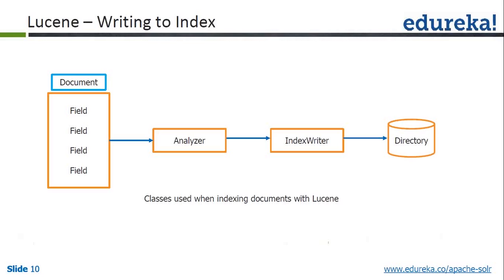The analyzer is the process which is going to analyze your content. It accepts the content in the form of a document, and then renders the tokens. The tokens are then pushed to the index writer, and then the indexes are written inside the directory.